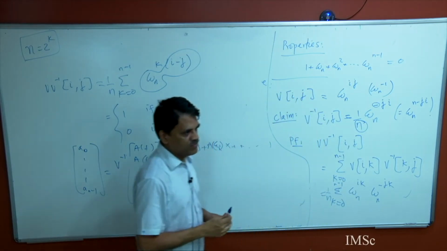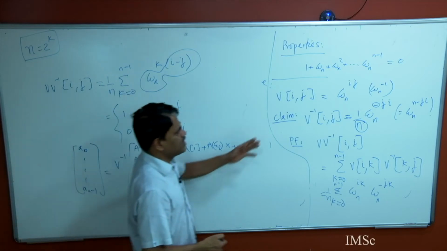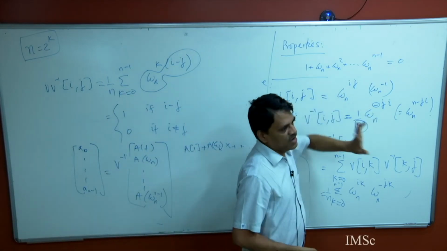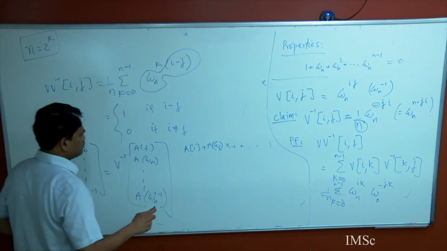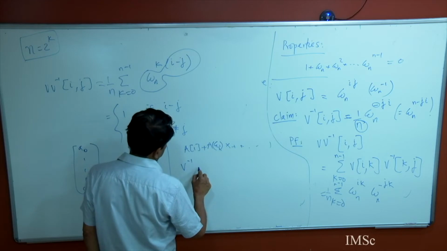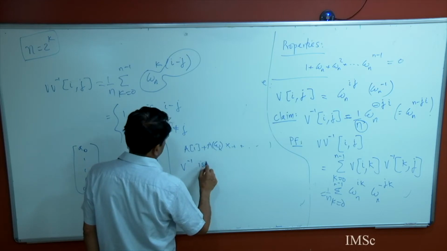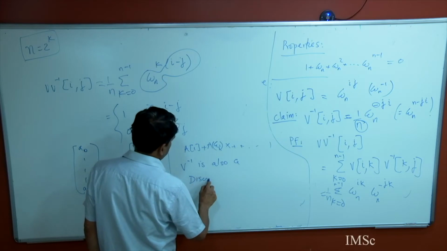Otherwise, it's the same. And there is a transpose, because the ith term here was ij, here it's ji. Okay, so V inverse is also a discrete Fourier transform.